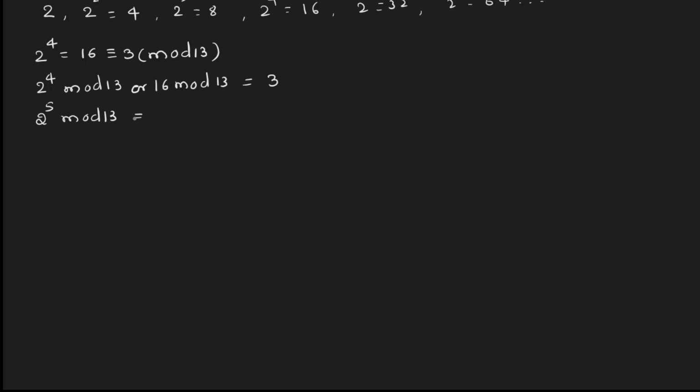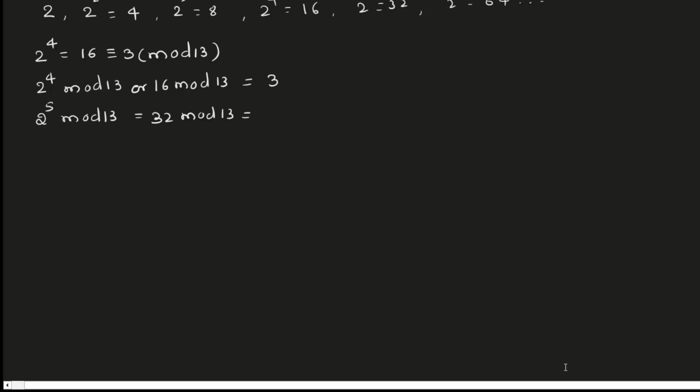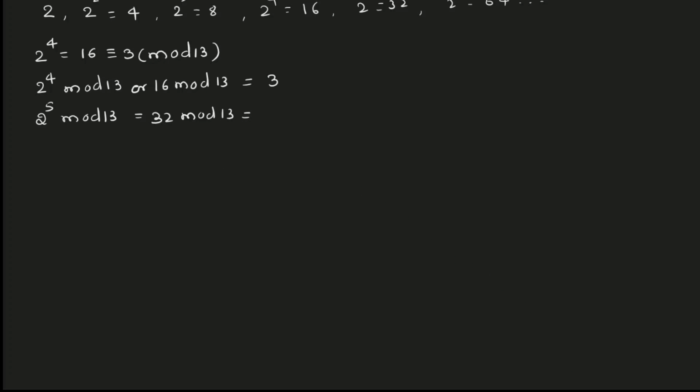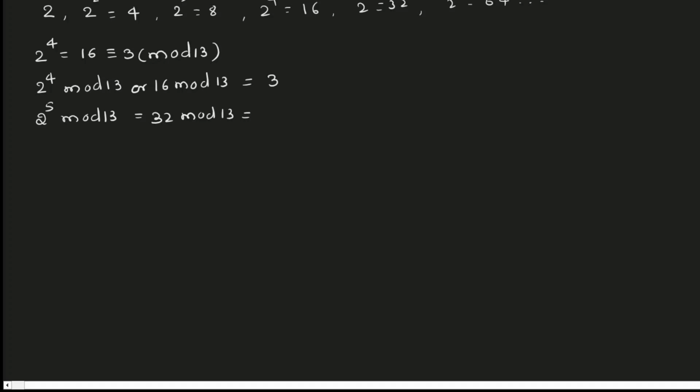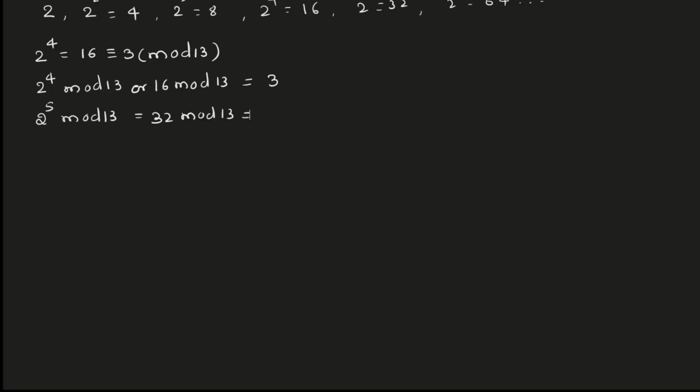You can take the remainder positive or negative. 2 thirteens are 26, 3 thirteens are 39. Yes, whichever is near. So you can write 6 or you can write minus 7.